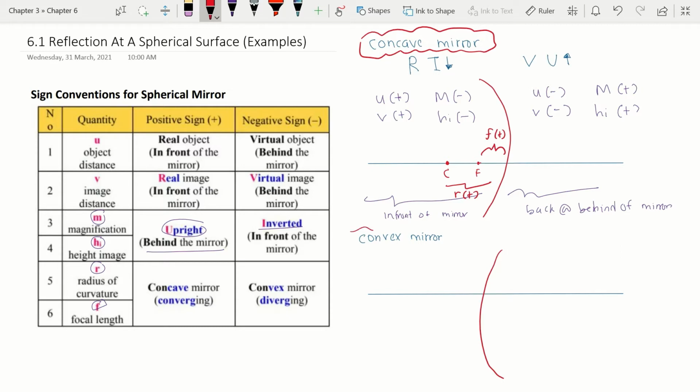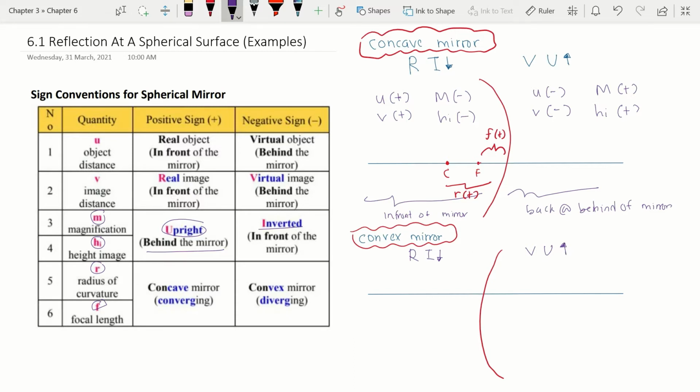Now let's see the sign convention for a convex mirror. The same thing, the review method. Real image, inverted image from in front of the mirror; virtual image, upright image from behind or the back of the mirror.